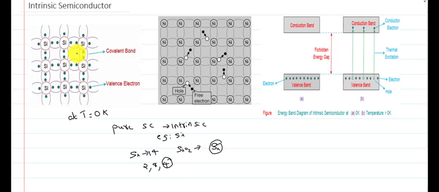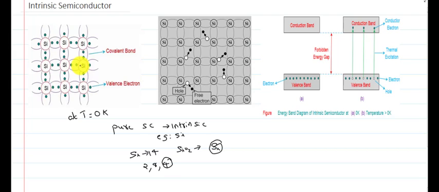The outermost electrons of each silicon atom form covalent bonds with the neighboring silicon atoms. Covalent bonding means sharing of electrons. If we look at this pure silicon crystal, crystal means a periodic arrangement of atoms.